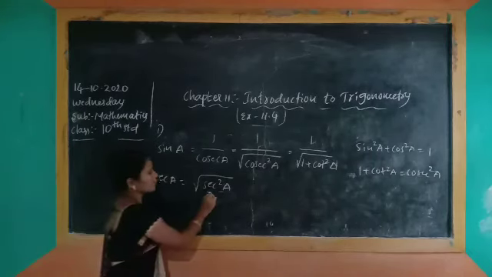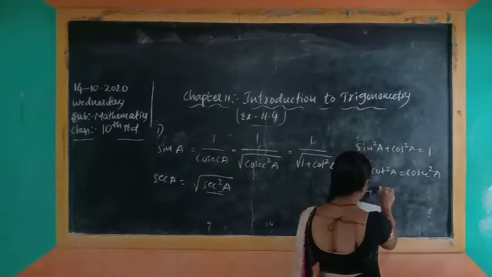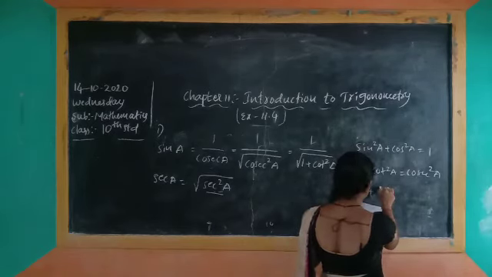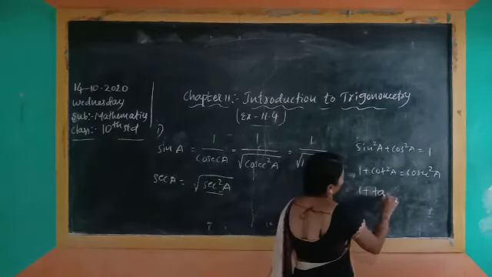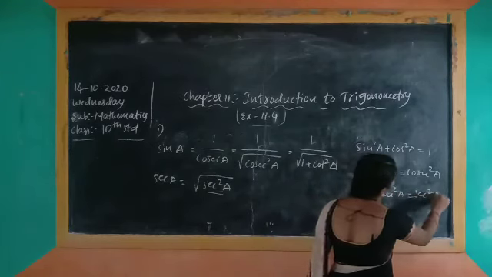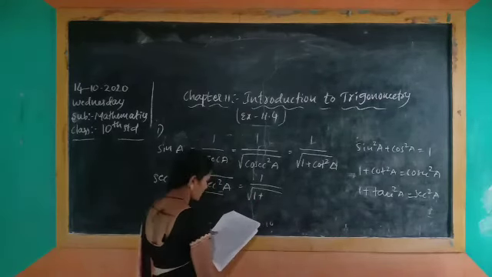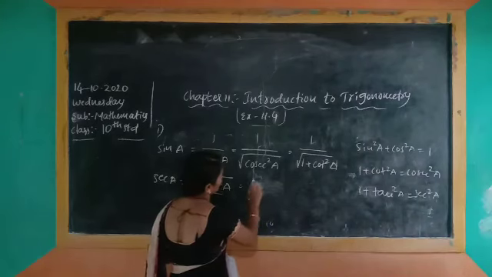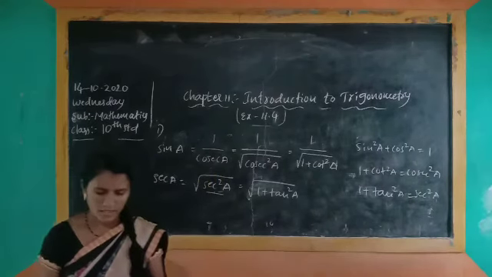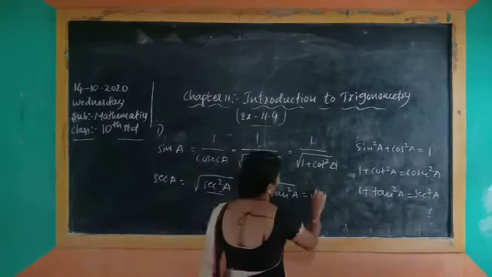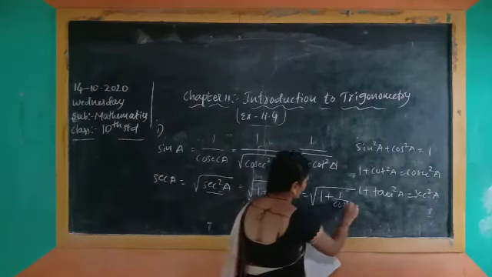What is the formula for secant square A? 1 plus tan square A is the secant square A. So I will write the square root of 1 plus tan square A. For this, in terms of cot, tan is the inverse of cot, so it is square root of 1 plus 1 by cot square A.